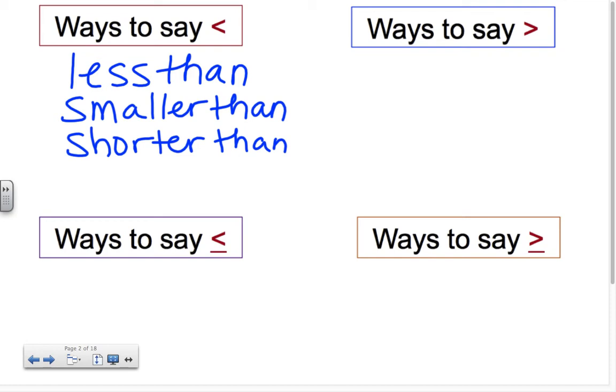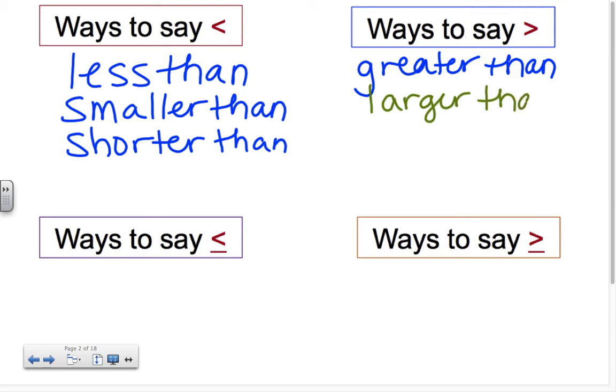So if these are less than, obviously this is greater than. And we can just do the opposite: the opposite of smaller than is larger than. I have another one for a less than, which would be cheaper than, if you're talking about price. Right, so greater than, larger than, taller than.